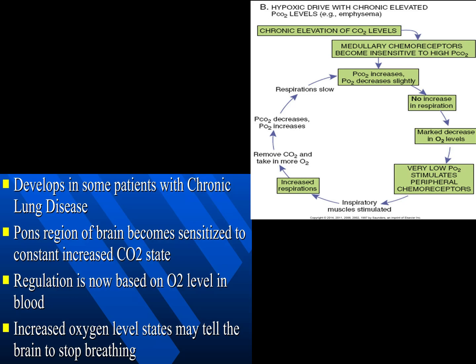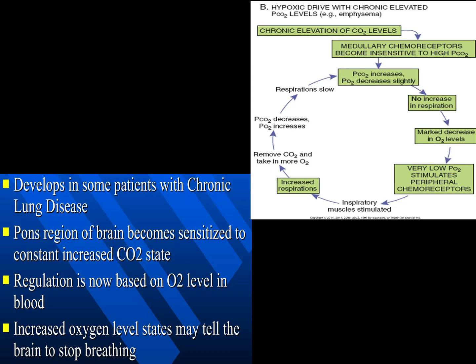In patients with chronic lung disease, the pons region of the brain becomes sensitized to the constant increases of the elevated carbon dioxide. Regulation for them is based on the oxygen level in the blood. The increased oxygen will tell the brain to stop breathing. So this is why we have to control how much oxygen we give them.